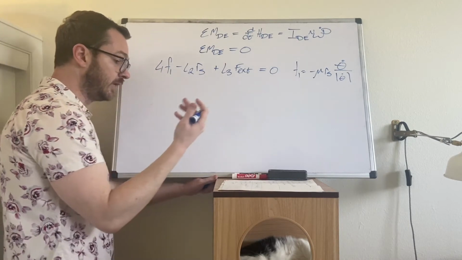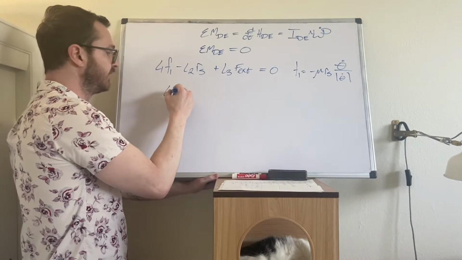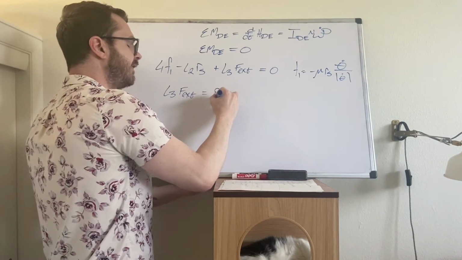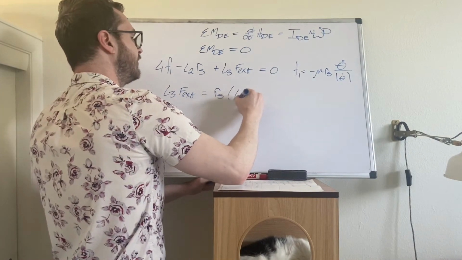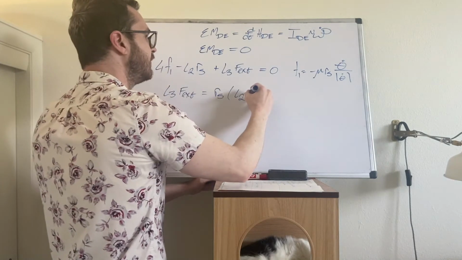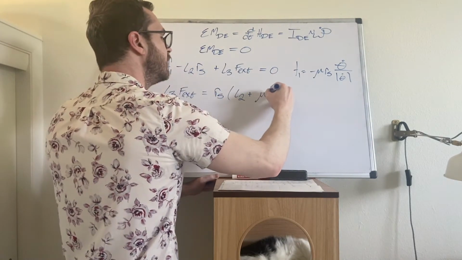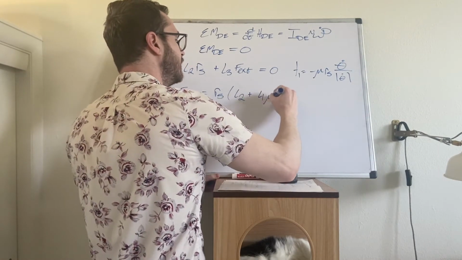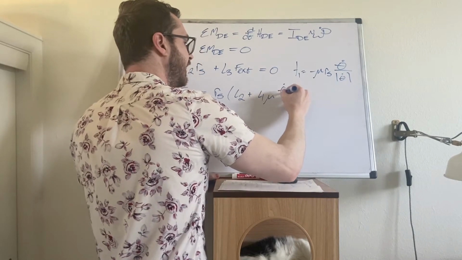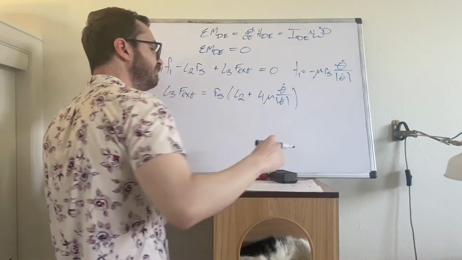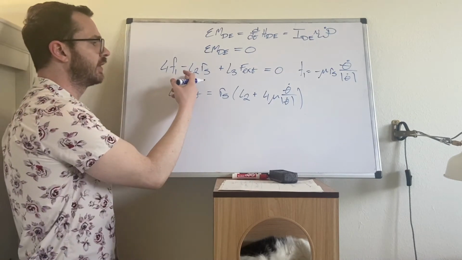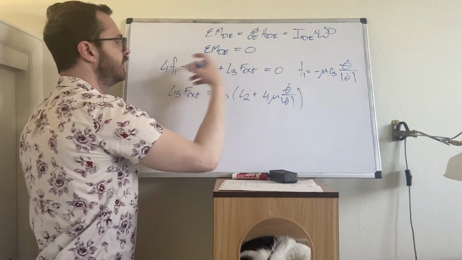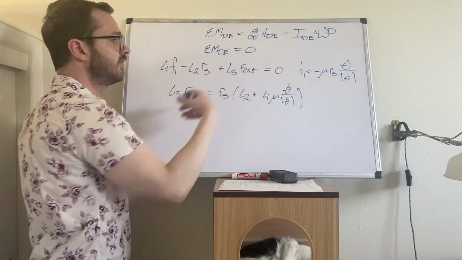I'll do one intermediate step. L3 F external was equal to R5 times L2 plus L1 mu theta dot divided by magnitude theta dot. So what did I do? I wanted to get rid of the negative, so I moved that one to the other side, which makes it positive. Once you substitute this in, this one's negative as well, negative mu, so kick that to the other side.